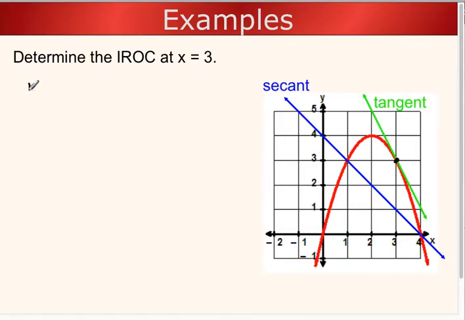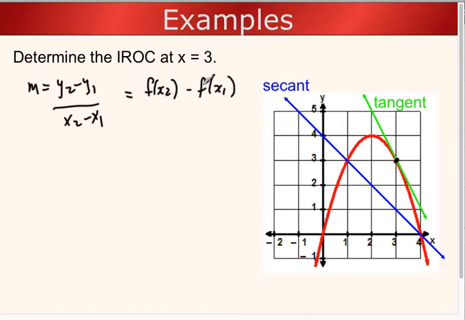The slope of any line is the rise over the run, or y2 minus y1 over x2 minus x1, or that other one that we've been talking about, f of x2 minus f of x1 over x2 minus x1. So either is fine. But if I had to calculate the slope of that tangent line, I still need 2 points, because we can't calculate slope other than with that formula, which needs 2 points.